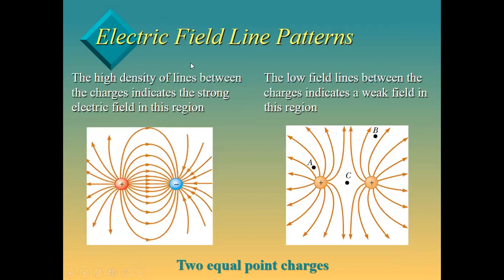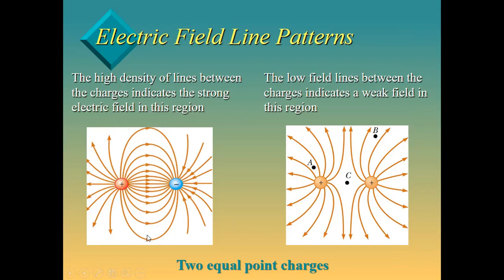In this slide we will show how we can draw the field lines for two charges: equal charges, if they are the same charge, here positive charges, and opposite charges. As we can see in the middle here, the density of the lines is very high, many lines we can see here.